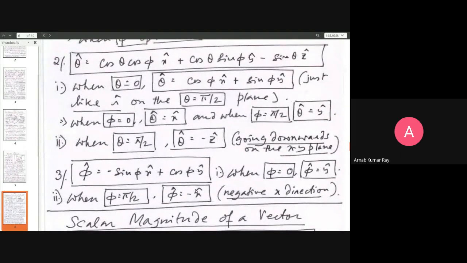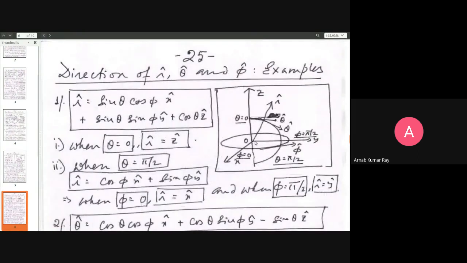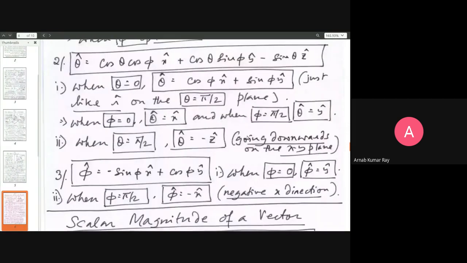Finally, for the phi cap unit vector, these are things you have done. Phi cap is defined on the xy plane for theta equal to pi by 2. So minus sine phi x cap plus cos phi y cap. When phi is equal to 0, phi cap is equal to y cap. So I think I made a mistake over there. No, I have not made a mistake.